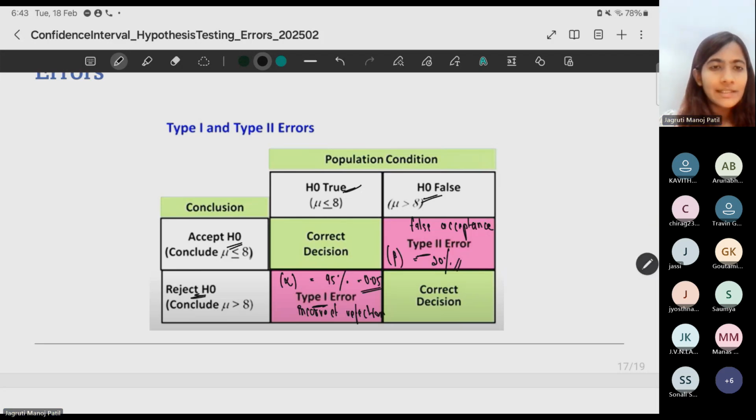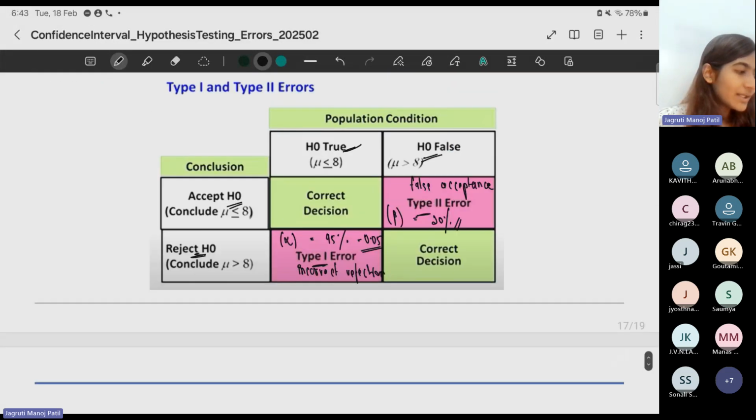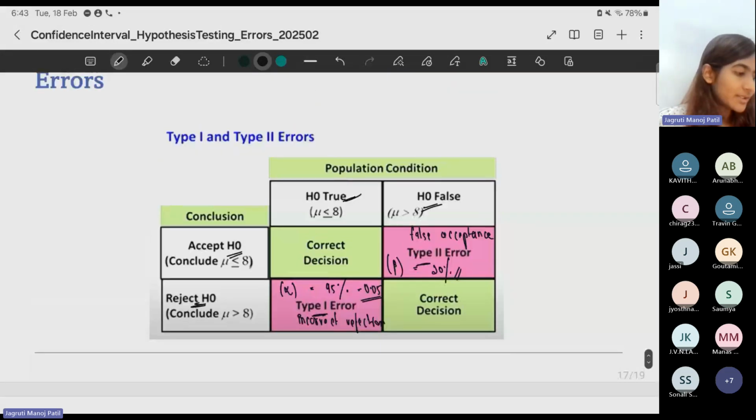Normally statisticians avoid saying they reject or accept the null hypothesis. We always say that it is true or it is false. We don't directly say that we are rejecting it. So those are some terms that they follow. There are different approaches for doing hypothesis testing.